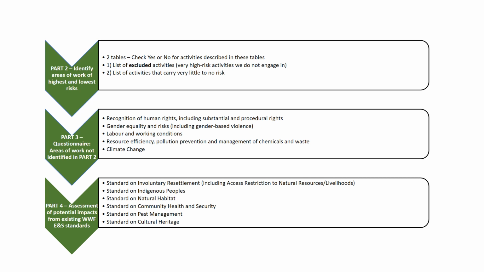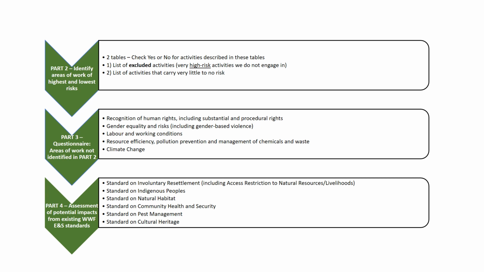The next 2 parts, parts 3 and 4, deal with the bulk of the screening tool, really addressing the questions and identifying the risks associated with the various activities implemented in the landscape.